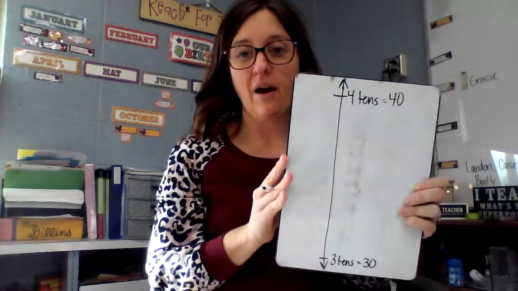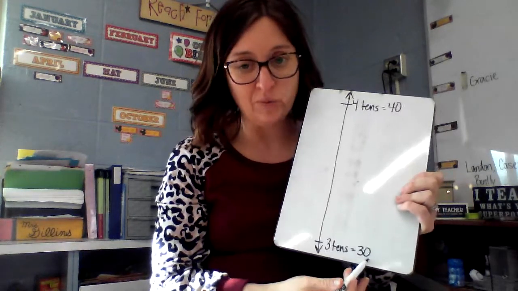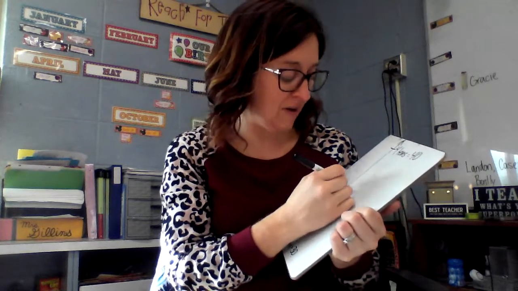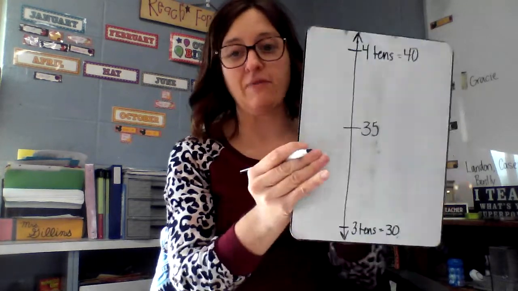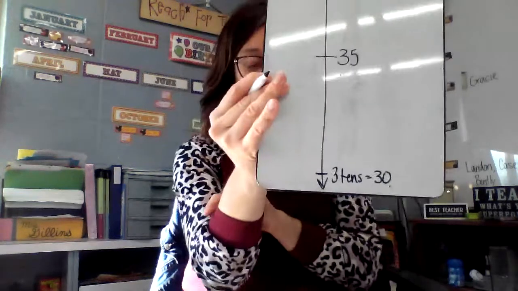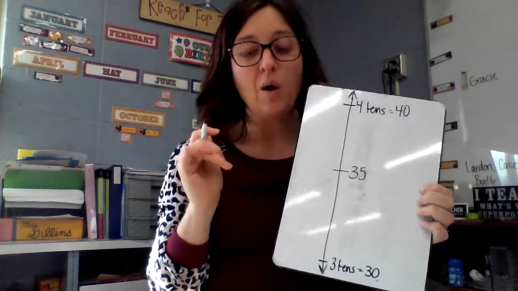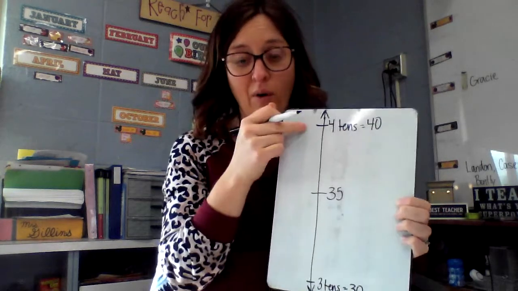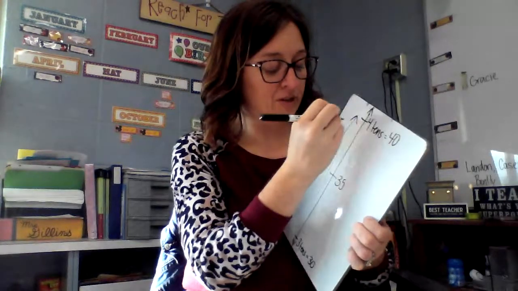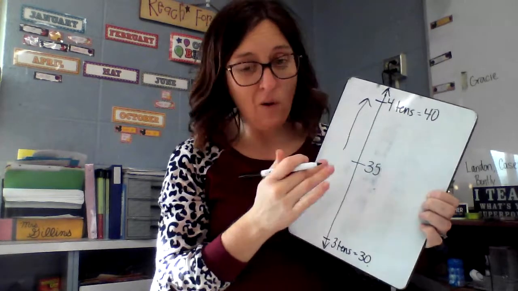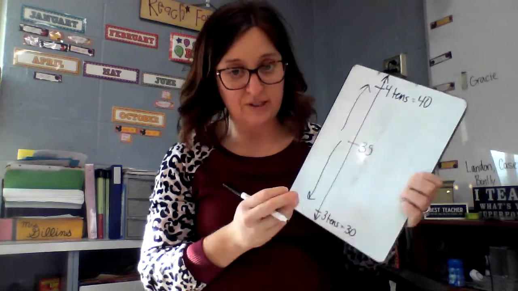And now I can label my halfway point. So halfway between 30 and 40, we know ends in 5. It is 35. And now I'm ready to place my number on the number line. Remember, anything that's above halfway rounds up to 40. Anything that's below halfway or less than halfway goes down to 30.